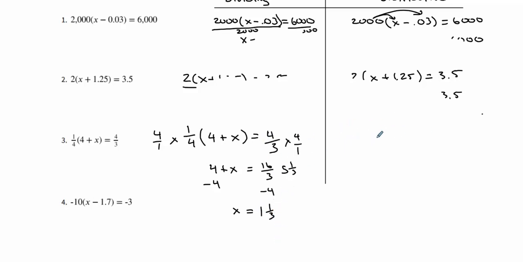So let's use the distributive property now. So 1/4 times 4 is 1. 1/4 times x is 1/4 x.